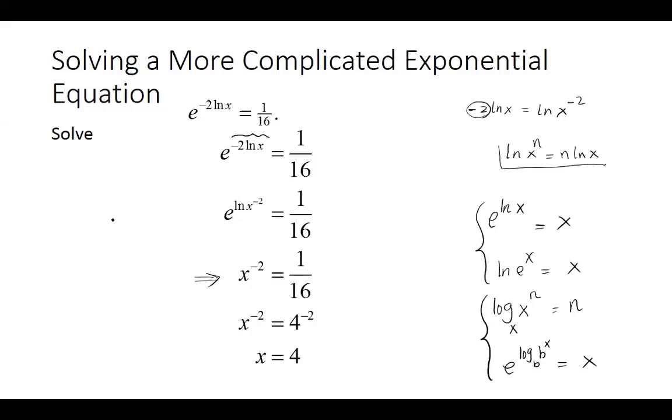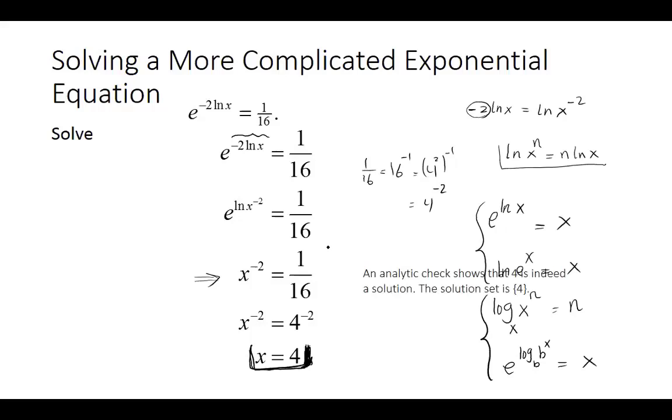So on the right-hand side, 1 over 16 is the same as 16 to the power of minus 1, which is equal to 4 squared to the power of minus 1, which is equal to 4 to the power of minus 2. That's how you can make the exponents the same. So we conclude from there that the base must be the same. So x would be equal to 4 in this case. And that matches the result we got using our calculator.